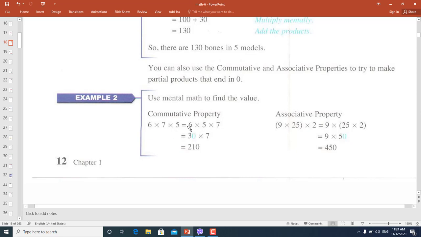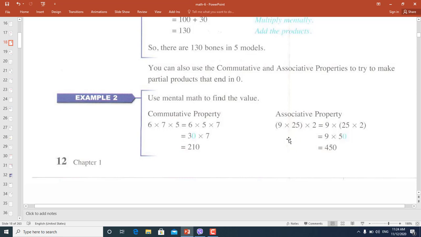Now you can say 6 times 5 is 30, and times 7. We have the 0, it's easier to put it down first. After that, 3 times 7 is 21, and we get 210.